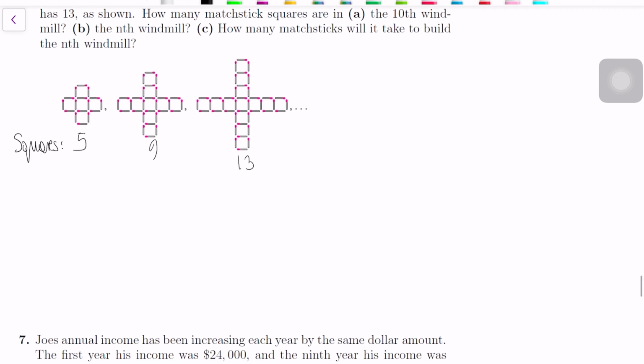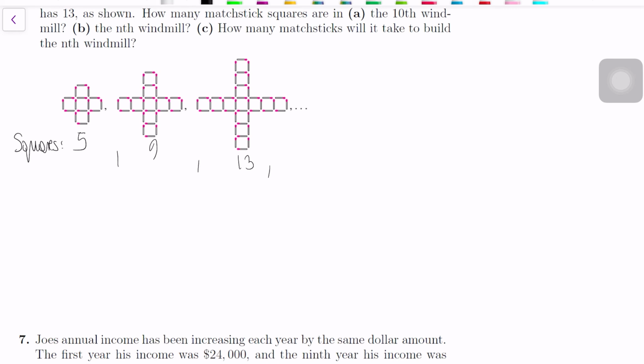Because you just keep adding 1 square to your arms. So basically the pattern is that on the arms, you keep adding squares, so you keep adding 4, 1 on each arm. So that's an arithmetic sequence.